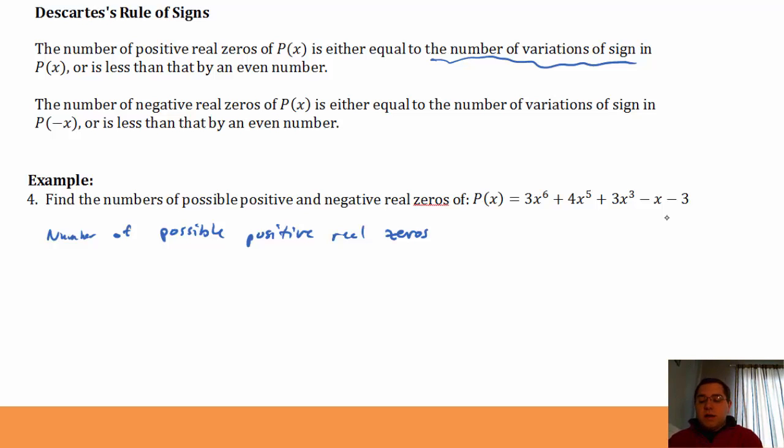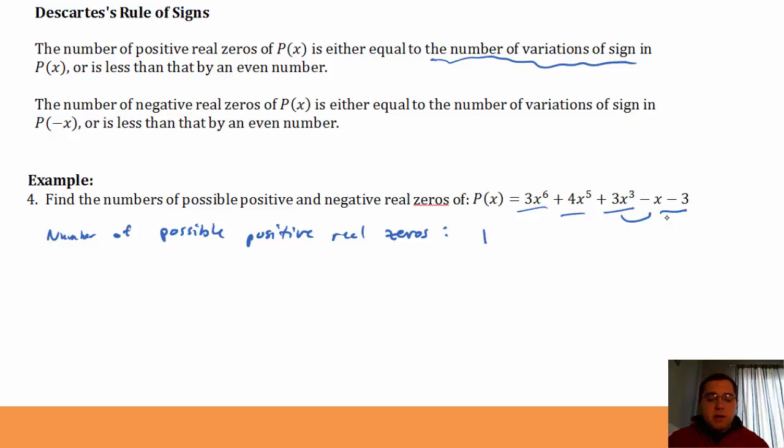So I literally look at the equation and I count how many times it changes sign, how many times it changes from either positive to negative or negative to positive. So it starts out positive, stays positive, and then changes to negative, and then stays negative after that. But it changes sign once. So the number of possible positive real zeros is 1.